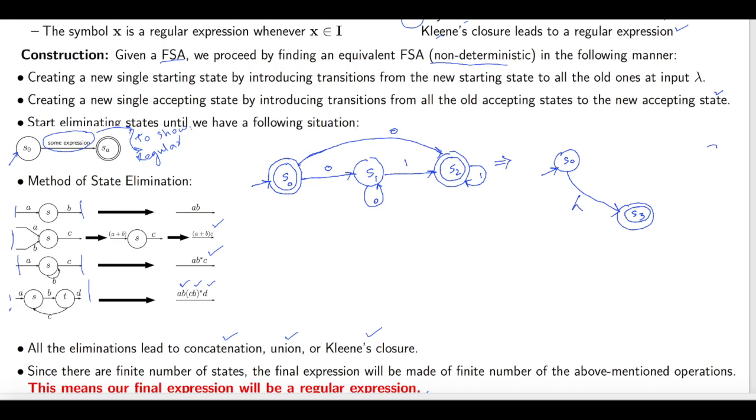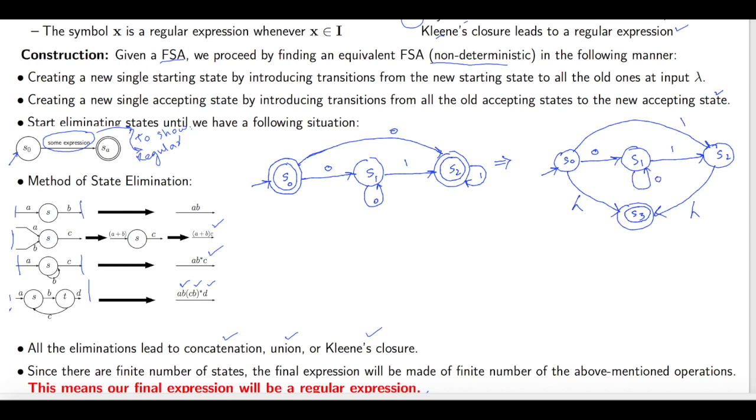And my S2 is not anymore the final state. Okay, the rest of the transitions are the same. So if we have a 0 here, we have a 1 here, and we have a 0 here, and we have a 0 here.